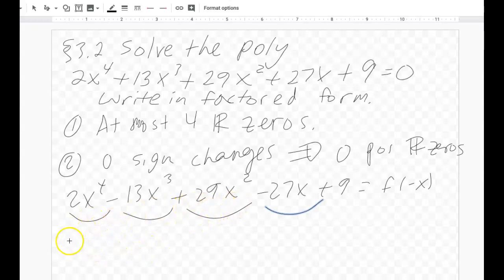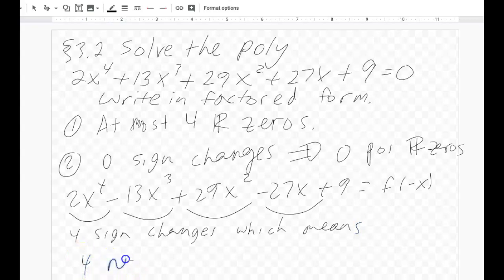In this case, there are 4 sign changes, which means we'll have 4, 2, or 0 negative real zeros.